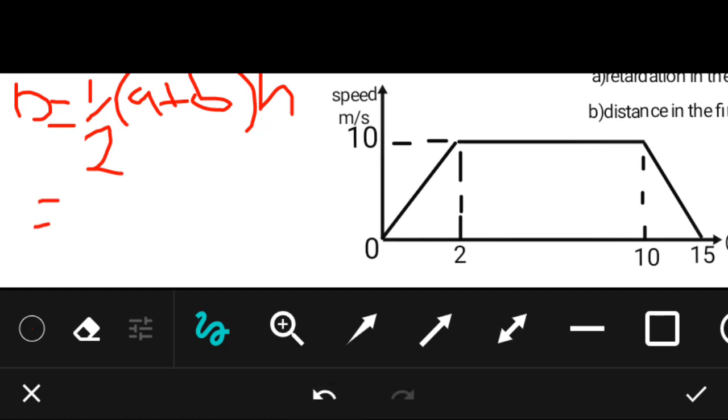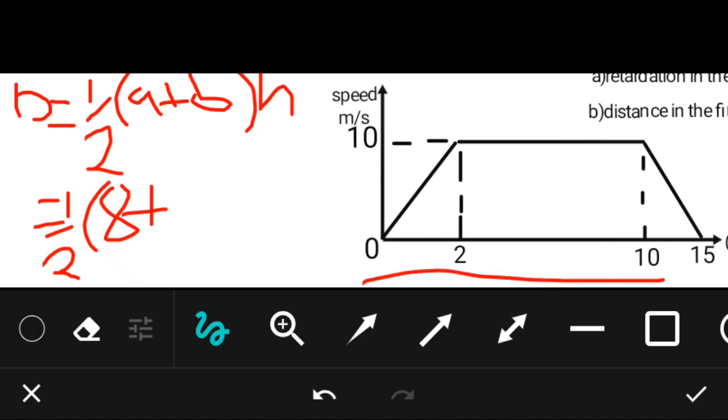So it will be distance is 1 over 2, then open bracket 8, then plus the breadth, or rather base, the distance from there up to there is 10. That is 10. Then closed bracket.